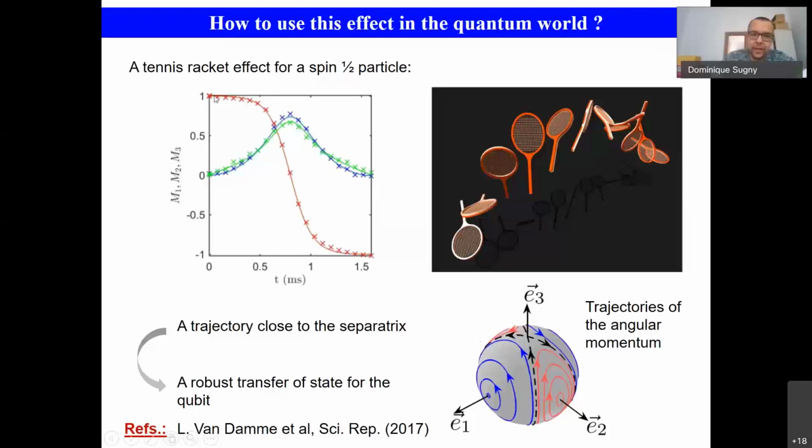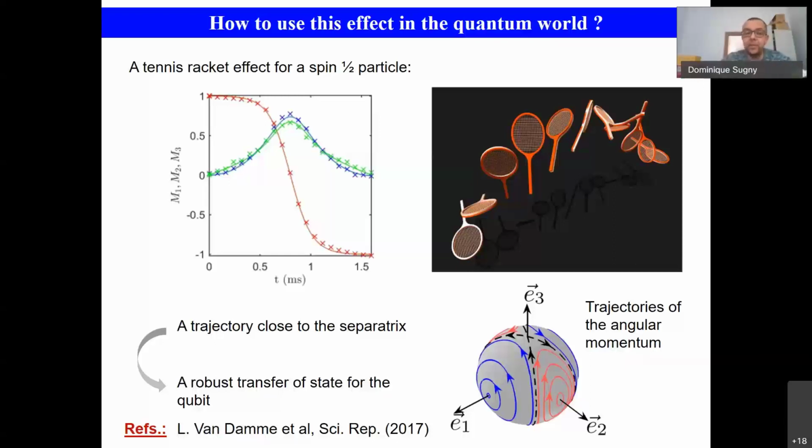For instance, here in red we have the coordinate M3. Basically, when we go from 1 to -1, we go, for a two-level quantum system or for a qubit, from the ground state to the excited state. With the solid lines we have the numerical simulations, and the crosses correspond to the experimental points. Here we see the very good match between theory and experiment in this magnetic resonance experiment.